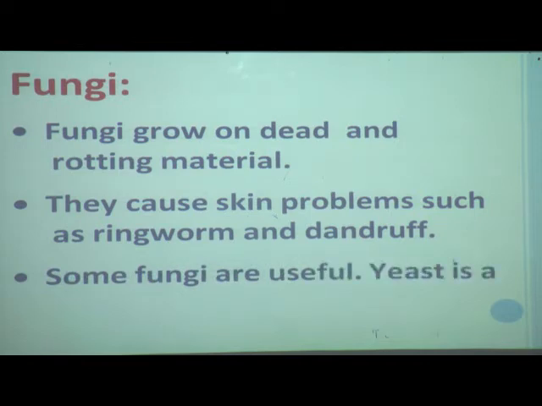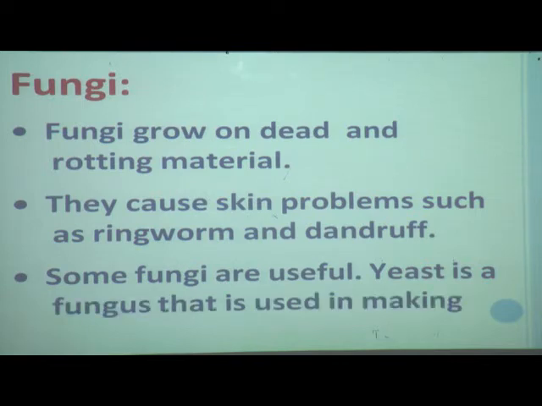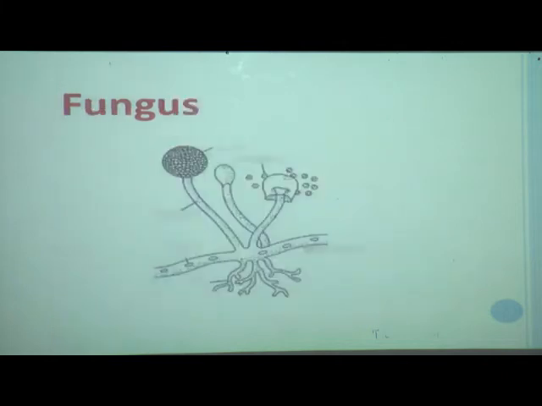The example of useful fungi is yeast. Yeast is a fungus that is used in making bread. So, yeast is also one type of fungi and it is useful. You can see the picture of a fungus.